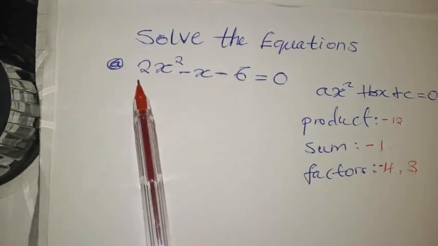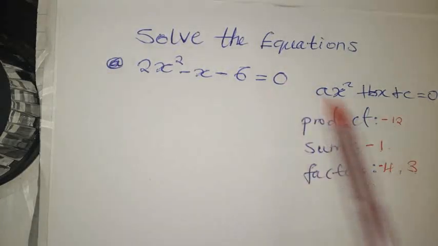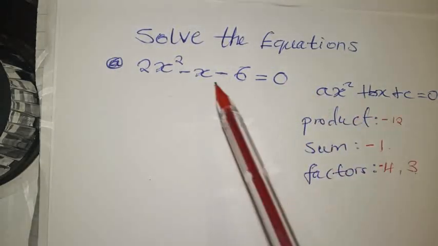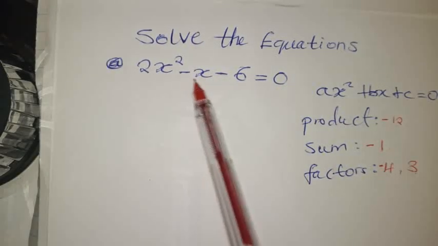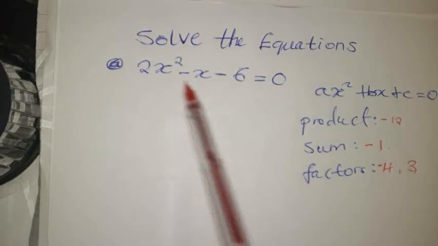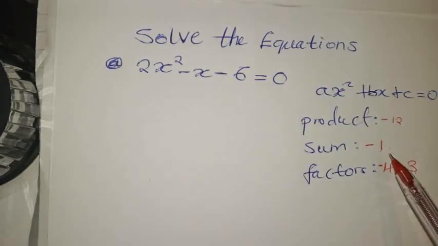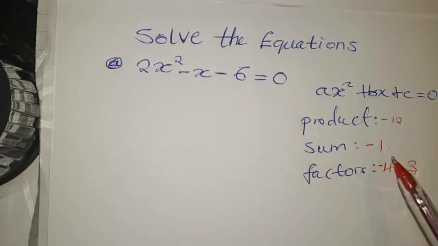So when you multiply 2 times negative 6, it will give us negative 12. Then the sum is just the coefficient of x. Which coefficient is here? It's negative 1.